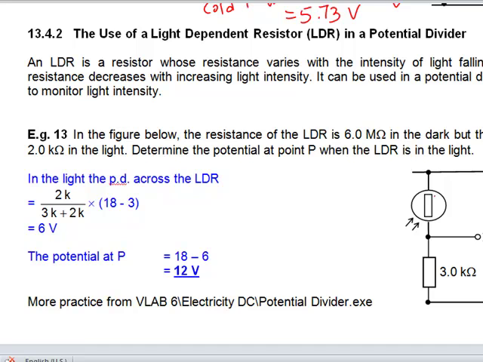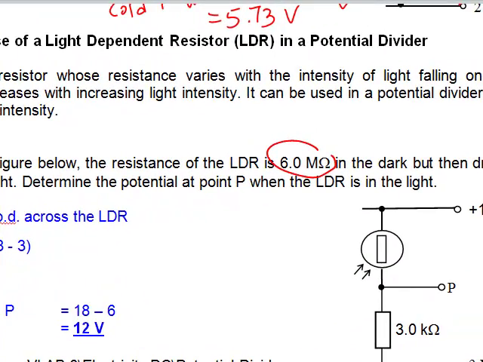When the light dependent resistor is in the darkness, we have a resistance value of 6 mega ohm, and it drops to 2000 ohm in the light. We are asked to find the potential at point P when it's in the light. So we repeat the same calculation, similar to the one above.